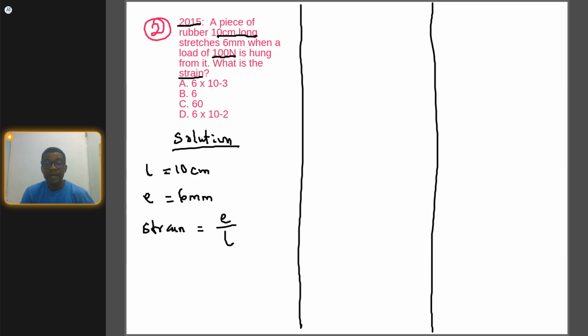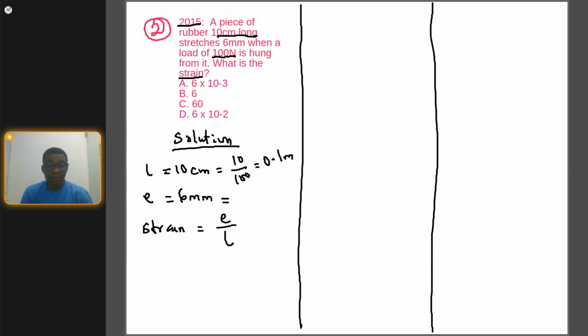Now, how will I convert 10 centimeter to meter? That is by dividing 10 by 100. That will give us 0.1 meter. How will I convert 6 millimeter to meter? That is dividing it by 1,000, because 1,000 millimeter makes 1 meter.